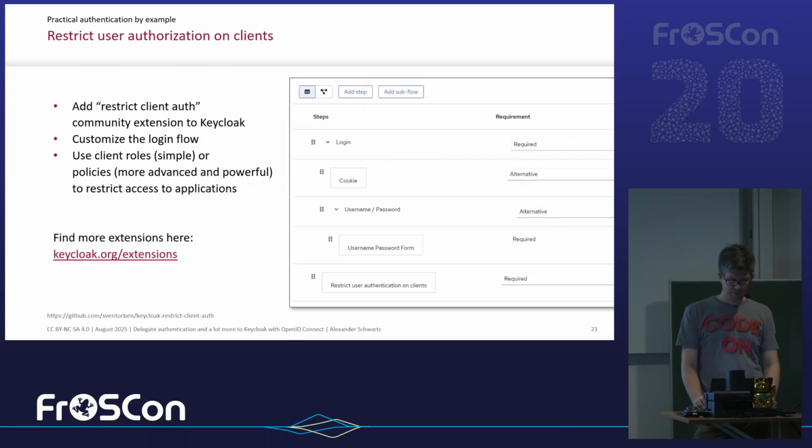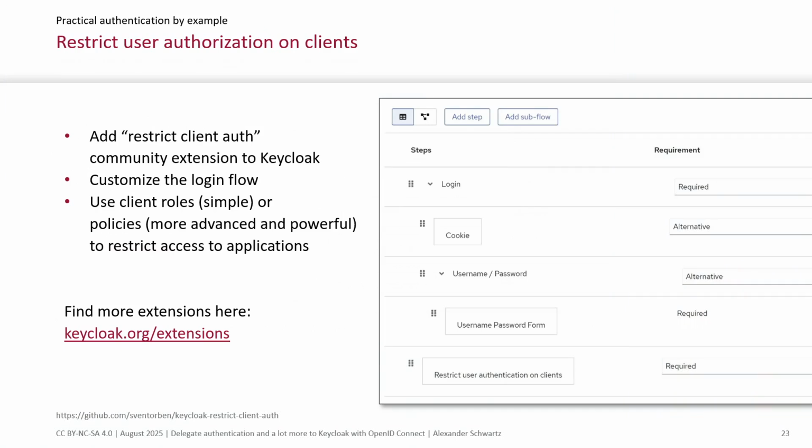Right. Restricting user authorization on clients. There's a great extension that you can add to Keycloak called restrict client auth. Keycloak is very good in authentication, but when it comes to OpenID Connect, it usually leaves the authorization, who can access which specific app, to the app.